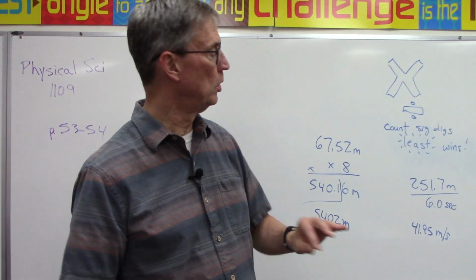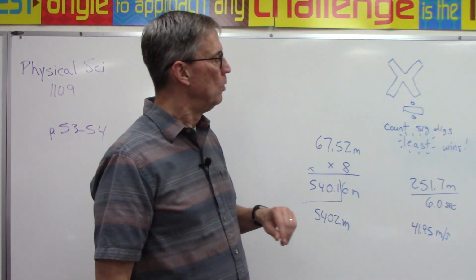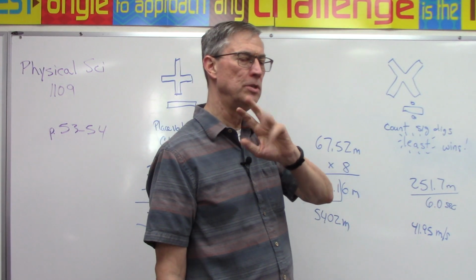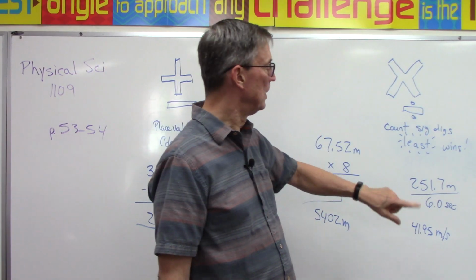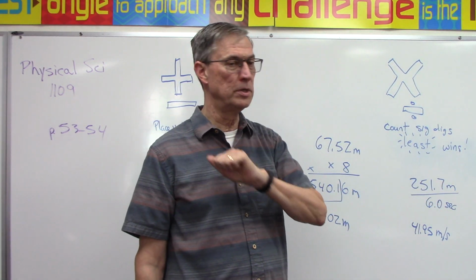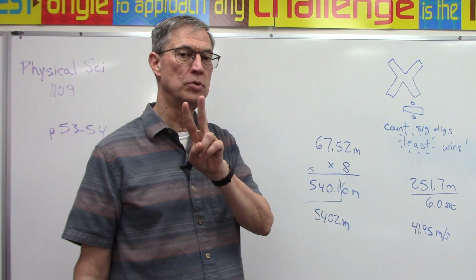That's the actual math on the calculator, but I'm not done. When we're dividing, we count how many significant digits do I have in each measurement? This top measurement has 1, 2, 3, 4 significant digits. The time here is measured in 2 significant digits.